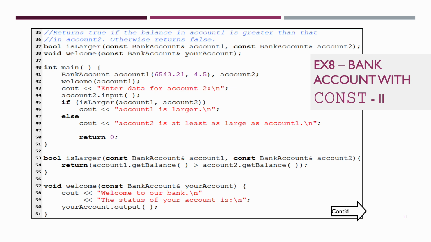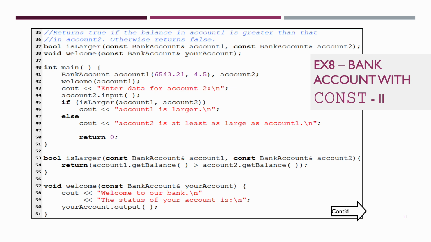If you see the following line 41, a bank account object account 1 is initialized with a balance of 66,543.21 and an interest rate of 4.5%. Account 2 is declared, but it will be initialized later through user input. It's not initialized now like account 1.